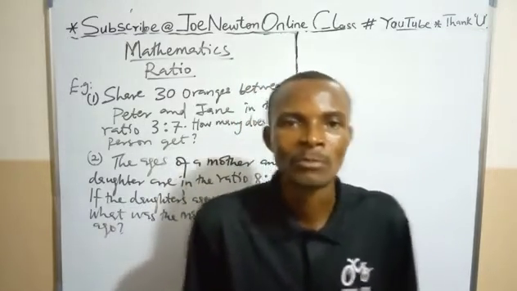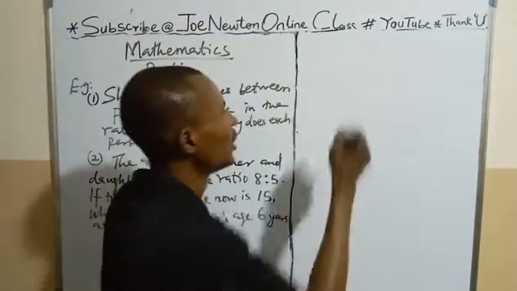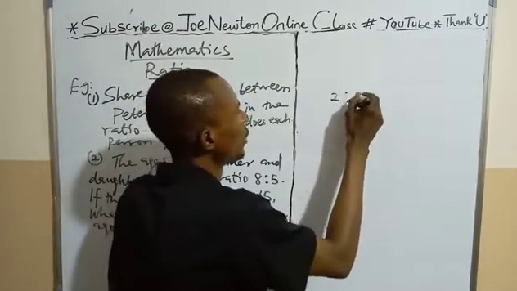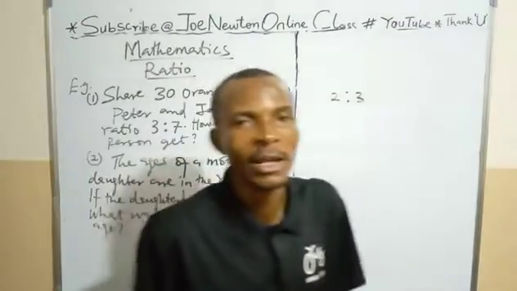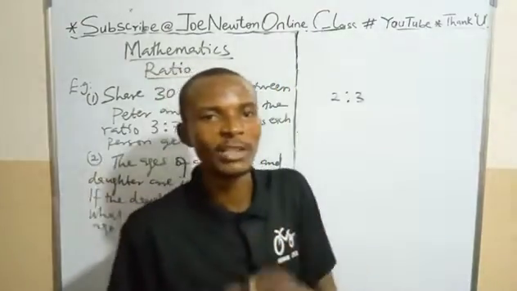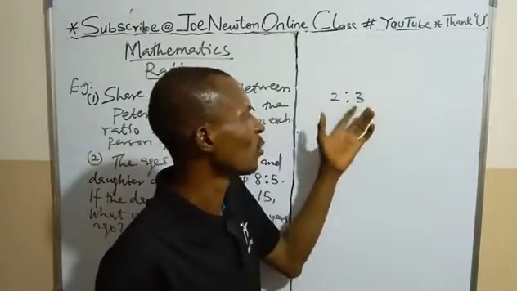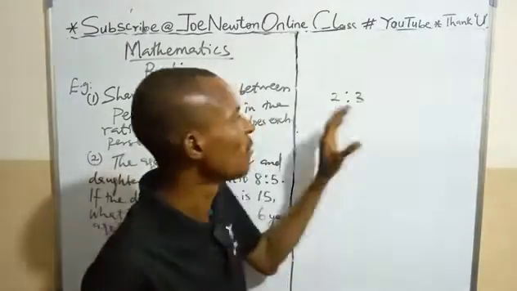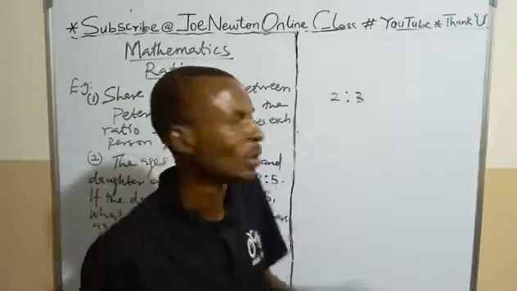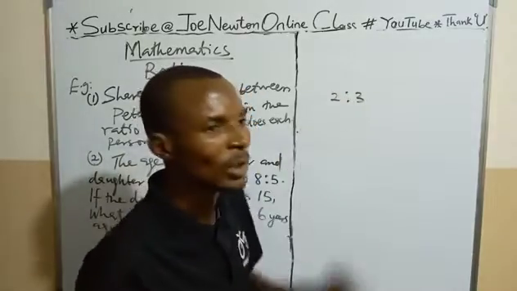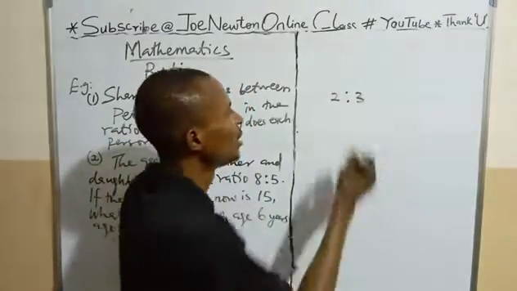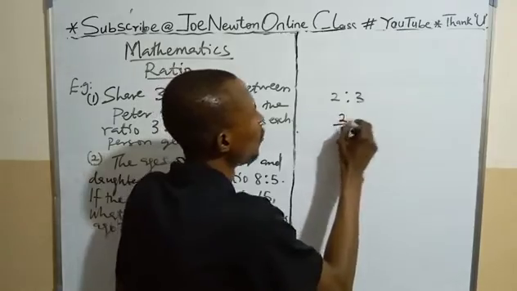For example, if I have a ratio 2:3, it means that between these two entities, one has a portion equivalent to 2 and the other has a portion equivalent to 3. That means the one equivalent to 3 has the higher portion, like saying 2/3.